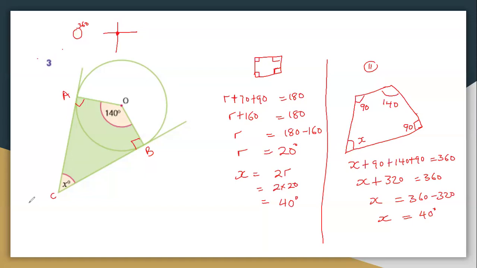Then if you subtract 140, the angle at point O, from 180, it will give 40. Can it also be done in that manner to get the value of x? Okay, let's try that.